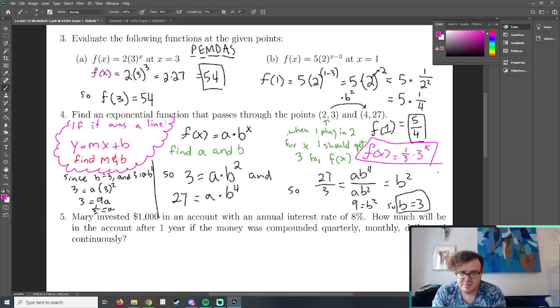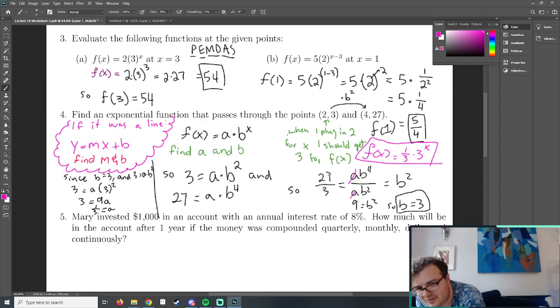Again, just to walk through what we did here, we used the points 2, 3, and 4, 27, and we used the standard form equation f of x equals a times b to the x to learn that 3 must be a times b squared and 27 must be a times b to the fourth. That means if we divide them, 27 divided by 3, right, the higher x value divided by the lower x value, we're going to get just b squared, because the a's are going to cancel, and b to the fourth over b squared will give us b squared.